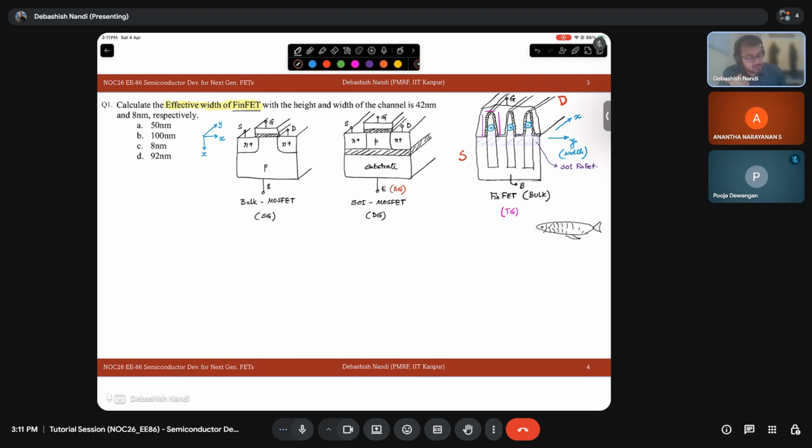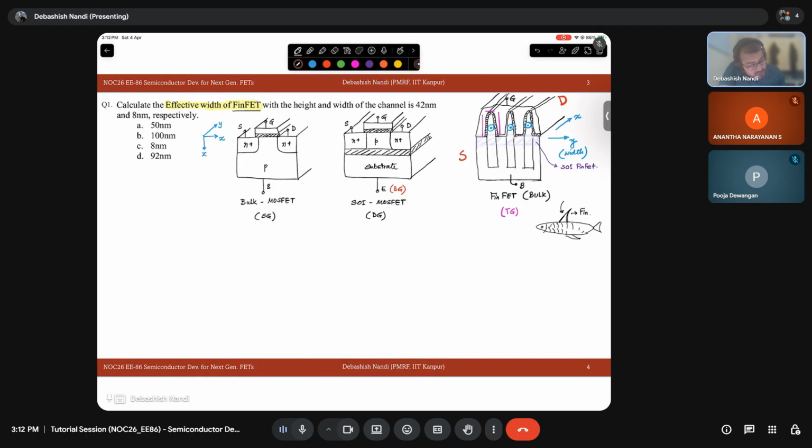Exactly. Have you seen this? Yes, sir. That's a fin. That is called a fin. This channel looks like the fin of a fish, right? In the ocean, you might see that when sharks are traveling, the fin is outside the water most of the time. So that is your fin. This is why this structure is called FinFET. It is just a nomenclature that they came up with.